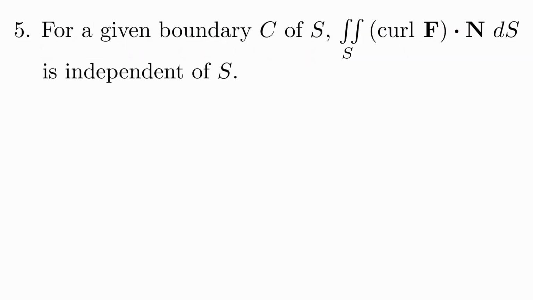Note number 5, for a given boundary C of S, the double integral, or let's call it the surface integral, of the curl of F dot n dS, that's the right-hand side of Stokes' theorem, right, is independent of the surface. What? So here's what I'm saying. Let's say you have your boundary curve. So this is the rim of your surface. Maybe it looks like that. Call it C. And I'll even make a copy of it so it's exactly the same.